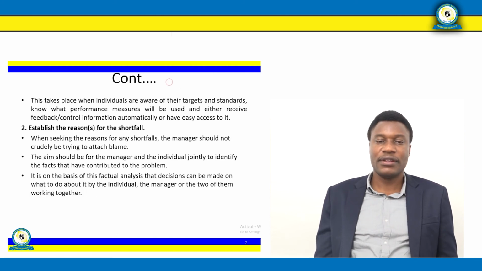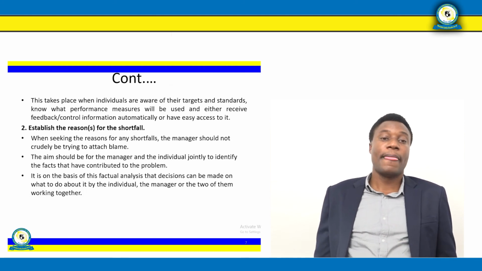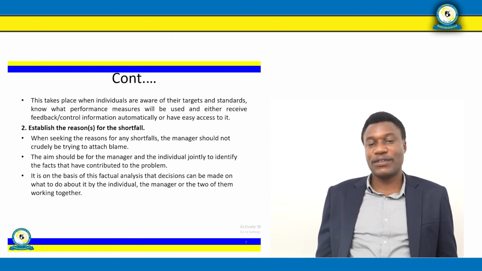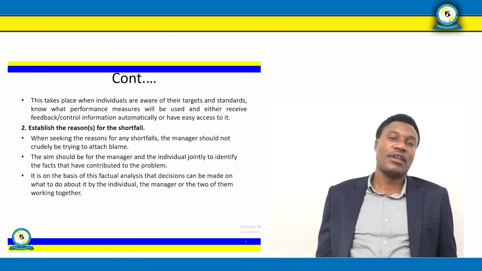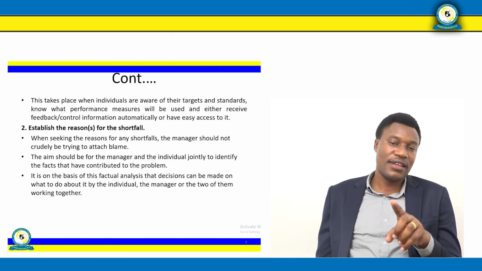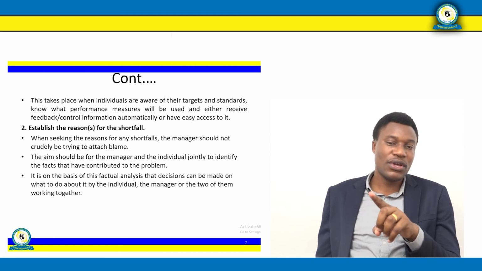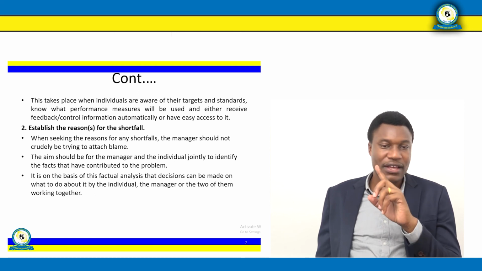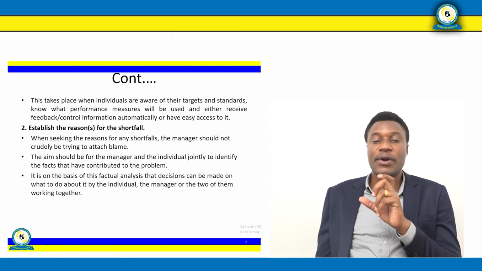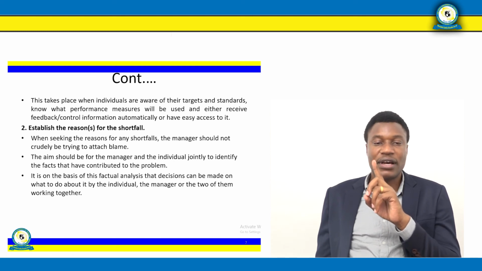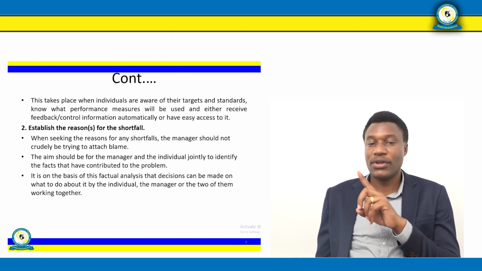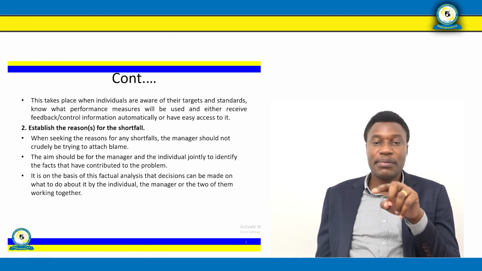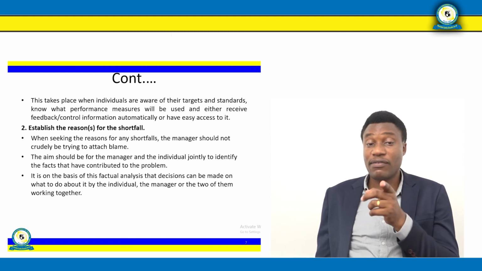That is step one. Step two is establish the reason for the shortfall. What makes this person underperform? Let's see the reasons behind. When seeking the reasons for any shortfall, the manager should not be trying to attach the blame. So let no blame be put on the person who underperforms.